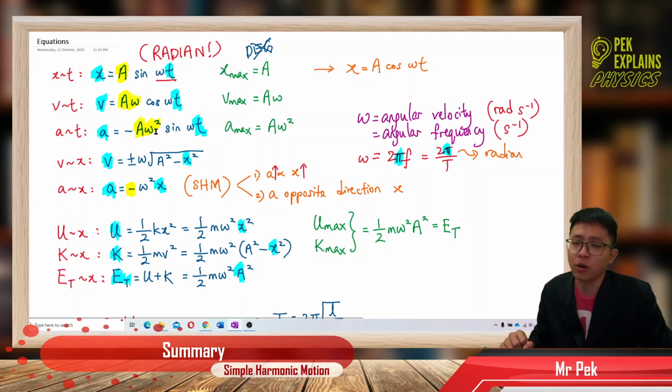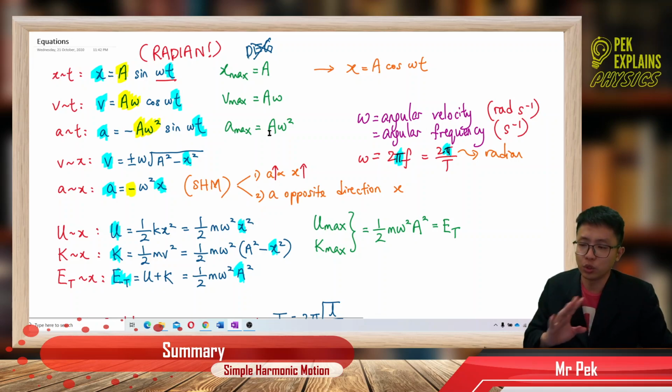And here we have A omega, which is the maximum velocity. And here we have A omega squared, which is the maximum acceleration. This is the maximum value of displacement, velocity, and acceleration. But when we talk about maximum acceleration, the negative sign we ignore. No need to put the negative sign.